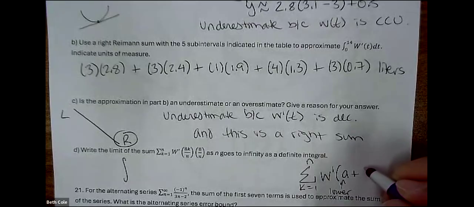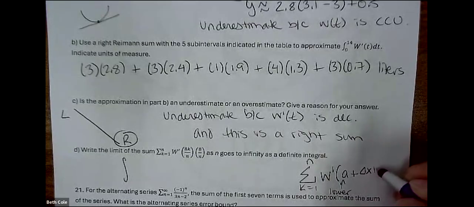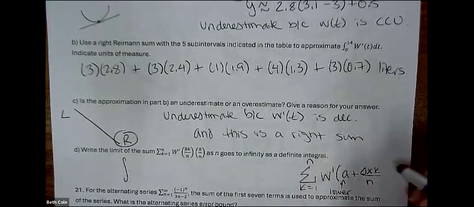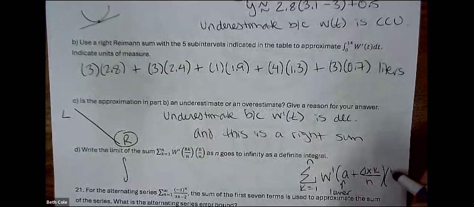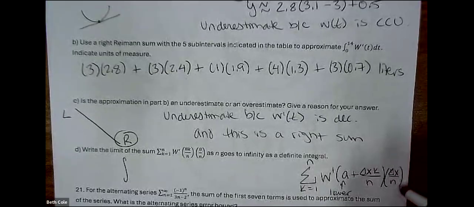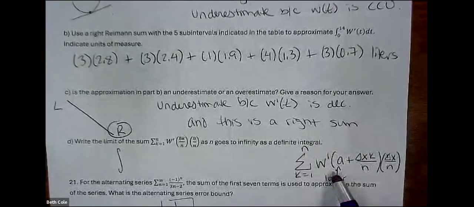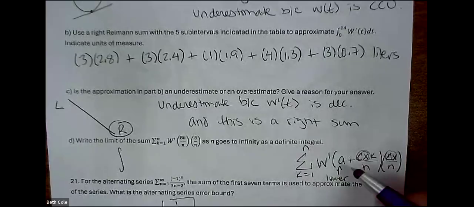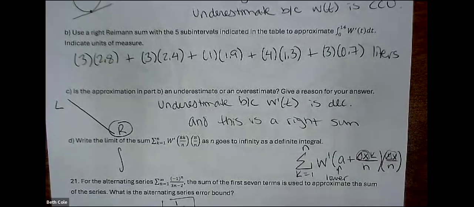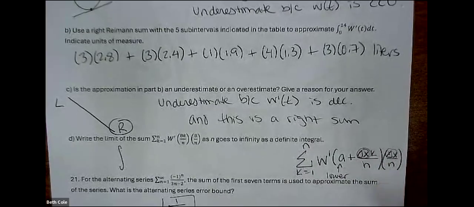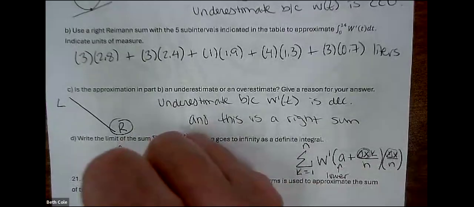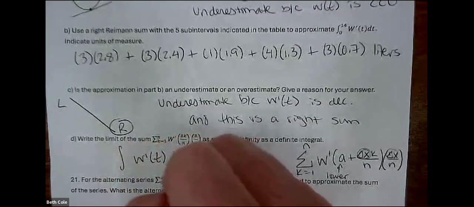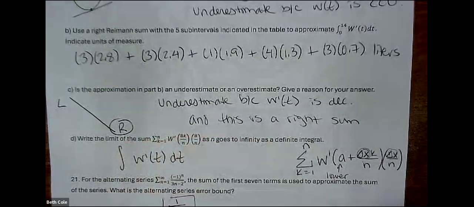And then you have your delta x, like what you're changing by. And then that gets repeated right here. So this would be your lower boundary plus how much you change by, so that's like the distance of your interval. And it's just your function. So inside of here is just going to be w prime of t dt.